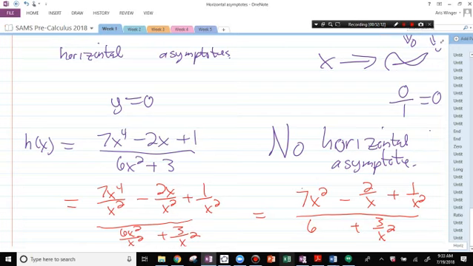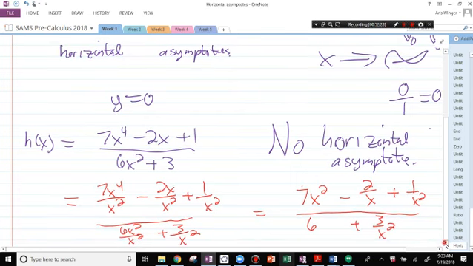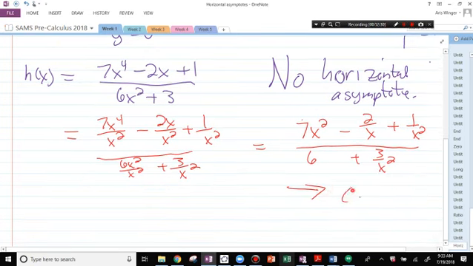But this thing here, as x gets large, this thing gets large, and the whole thing goes to infinity. So this thing tends to infinity as x tends to infinity. And infinity is not a number, and therefore there is no horizontal asymptote.